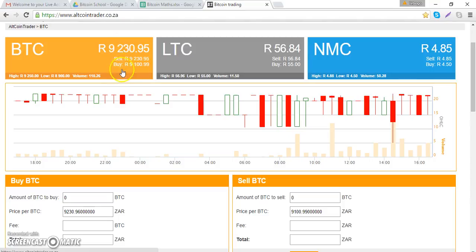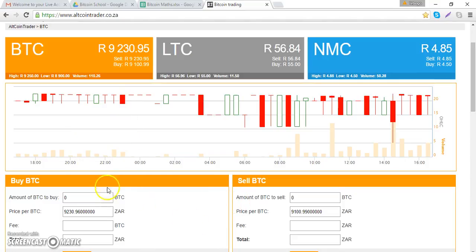And if ever you wanted to sell your Bitcoins, that will mean that altcoin trader will be the buyer. Therefore, it will buy your Bitcoins at a lower price. It sells to you at a higher price. 9,230 is higher than when they buy from you. They'll buy the Bitcoin at a lower price, which is 9,100.